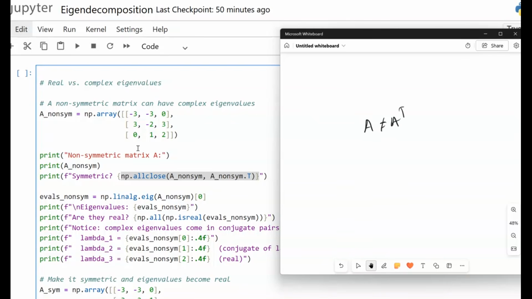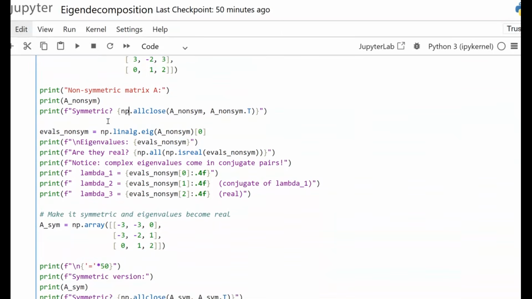Next we have the eigenvalue computation, which produces eigenvalues that may include complex numbers. Here is the key observation: this functionality returns false, that is, not all eigenvalues are real.